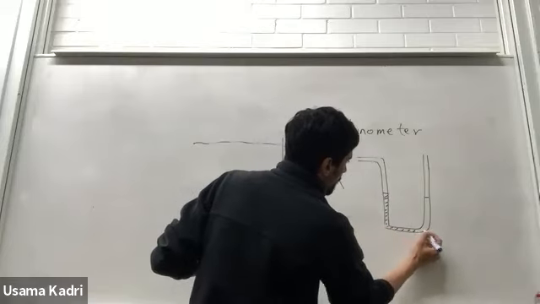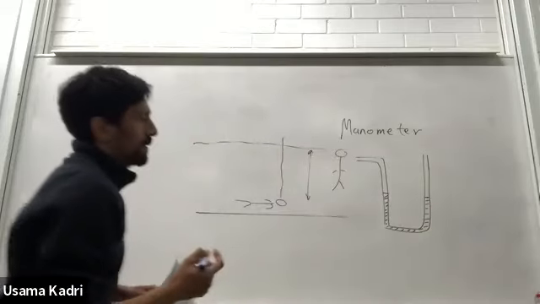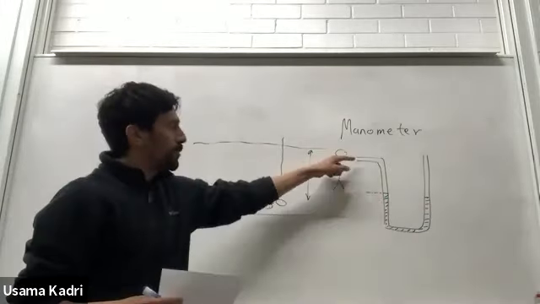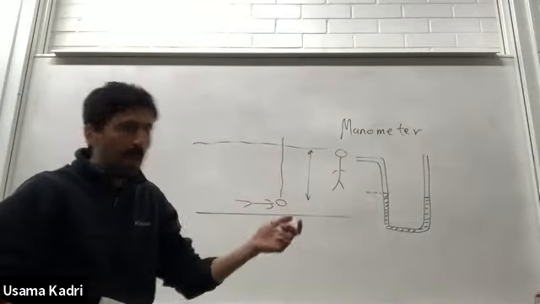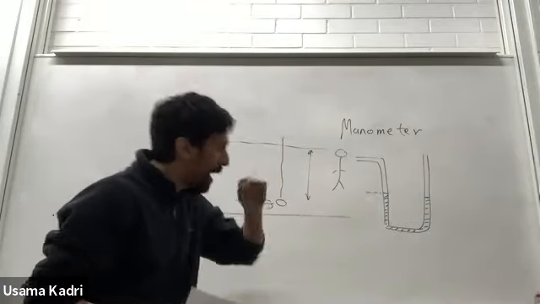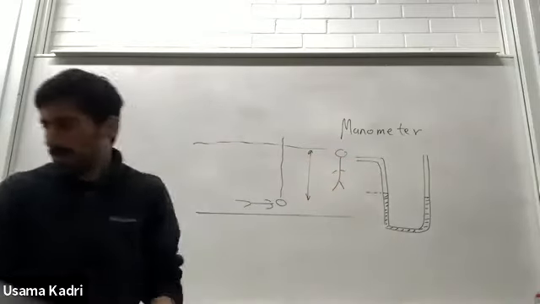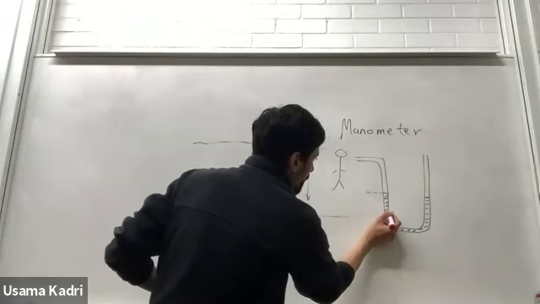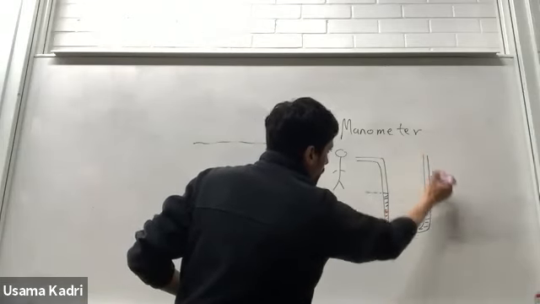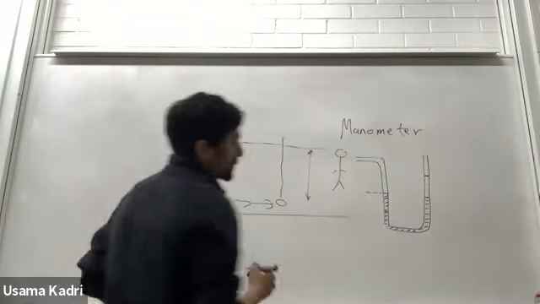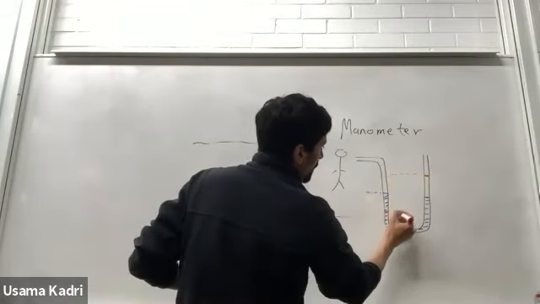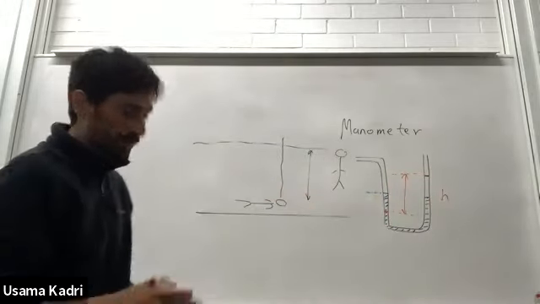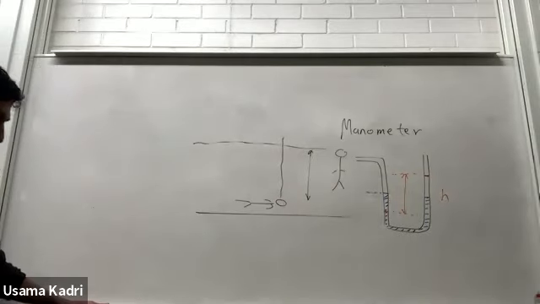There's some water inside it, and this is at some level. Then you breathe. You can breathe in or breathe out, depending on what you want to check. You can breathe out, let's say. So you're pushing that water level up to some level here, and that would go up on the other side too. And that difference would be your H, the very same H of Pascal's law.